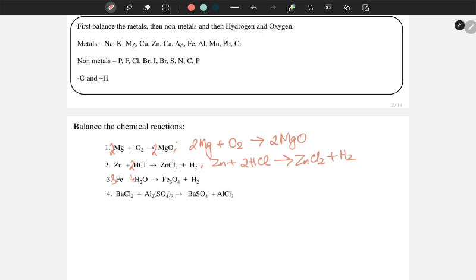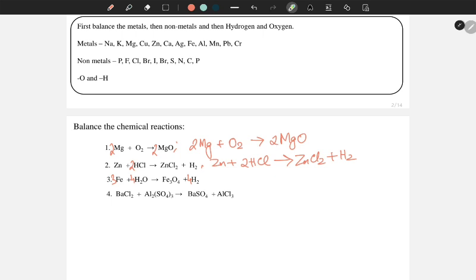Then come to the hydrogen part. So 3 iron, now 4 oxygen, and then here hydrogen is 4 into 2, that is 8 hydrogen, right? So we have to add 4 here, 4 into 2 is 8, so this also becomes 8.